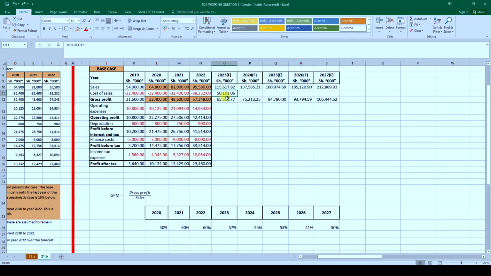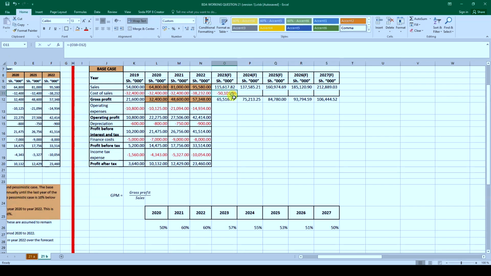We put it in brackets like so, then put negative, delete negative, it comes like that. So, for consistency as well, you just put it like that.